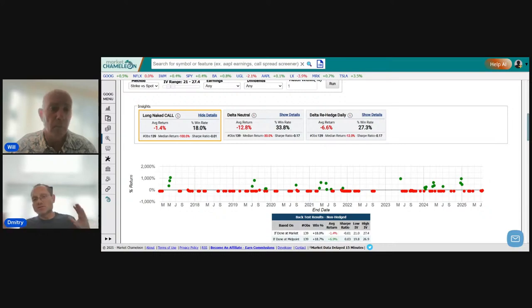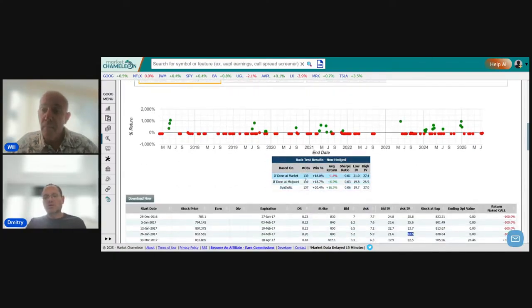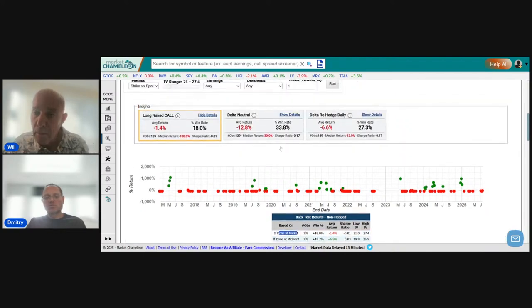So that's another thing then, to go back in the data and say, well, was there a particular time where the options performed better based on those implied volatility parameters? So this gives you the ability to change that around to try to get answers to those questions. Here's another thing, where I'm looking at where, if you did, you can see this 1.4%.